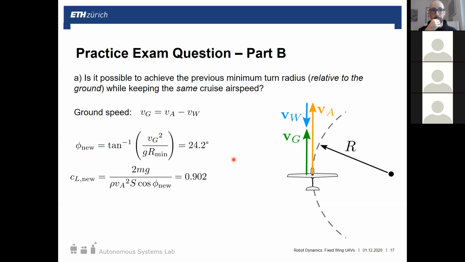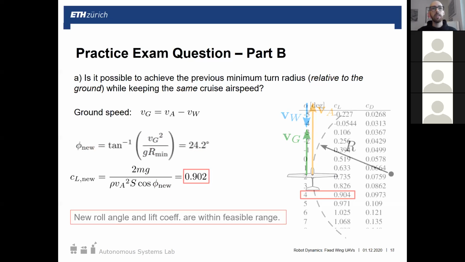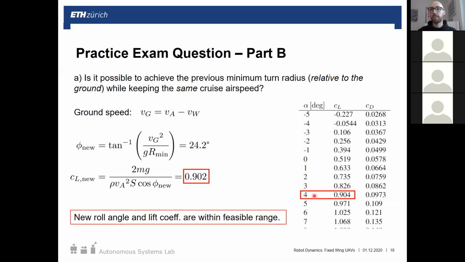Then if we rearrange the lift equation with our new, smaller roll angle, we see that our angle of attack is reduced. So we keep the airspeed the same, have a new roll angle that's less, and now we have a smaller angle of attack. So this is angle of attack 4.